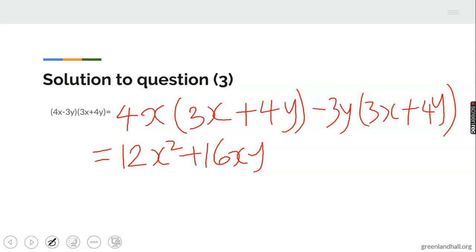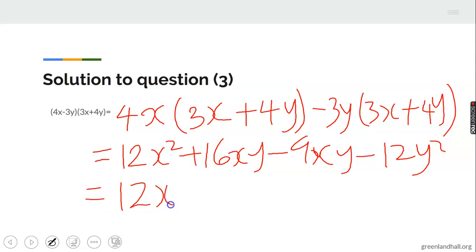Minus 3y multiplied by 3x rather. That will be minus 9, either you write yx or you write xy. It's the same thing. Then minus 3y multiplied by 4y. That will be minus 12y squared.